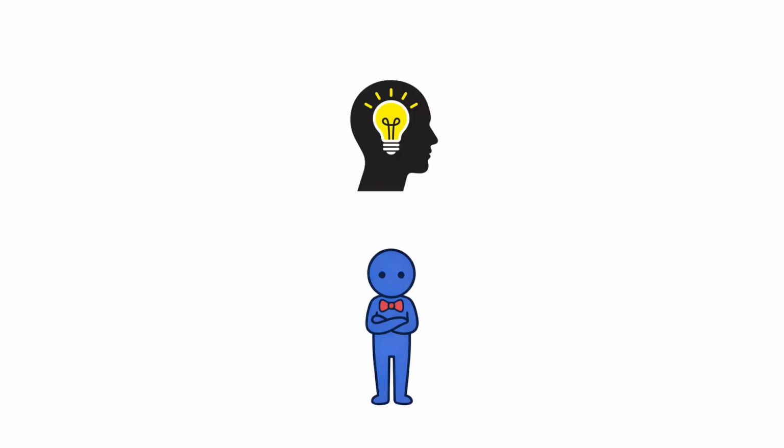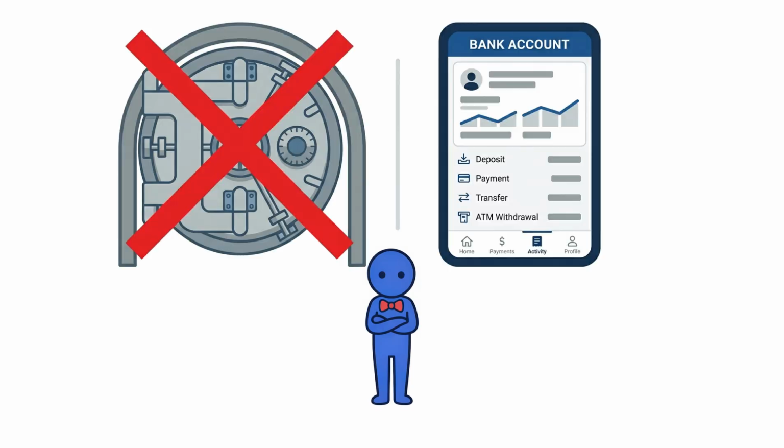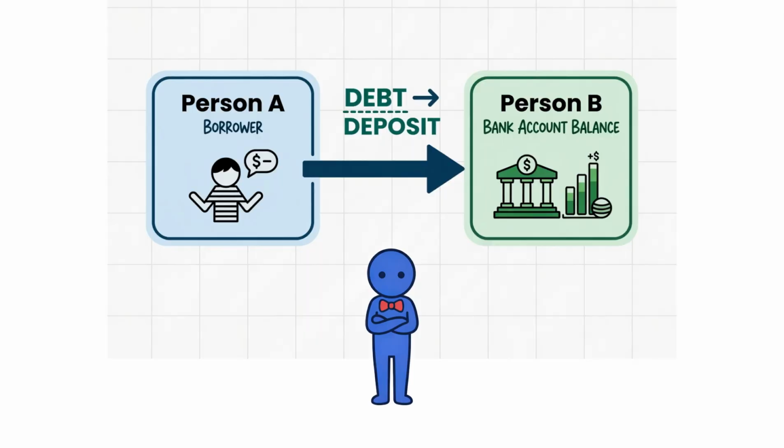So what should a thoughtful person do with this understanding? First, abandon the image of money as a fixed pool. It is not. It expands and contracts based on lending behavior across millions of institutions and borrowers. The money in your account is not sitting in a vault somewhere. It is the residue of someone else's debt.